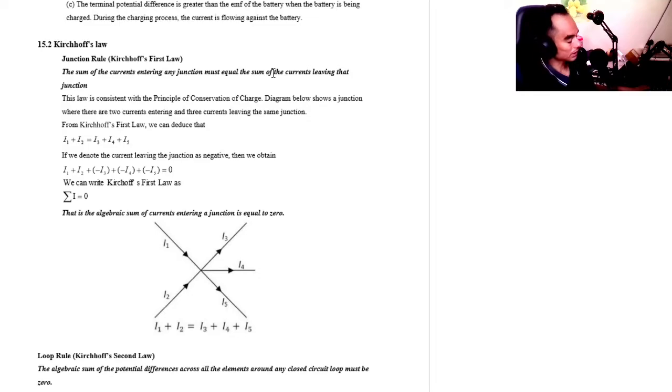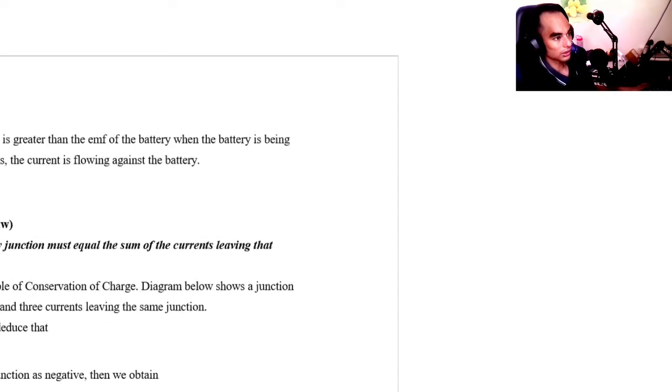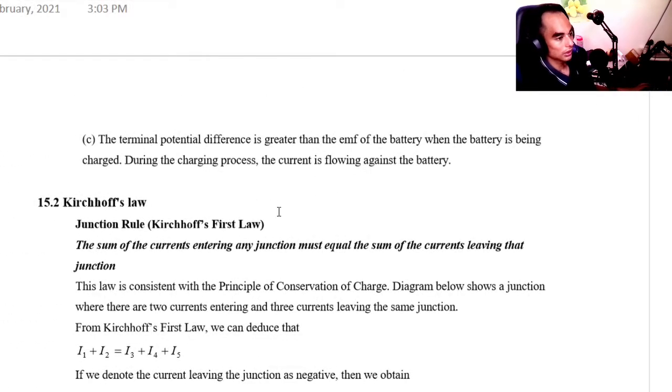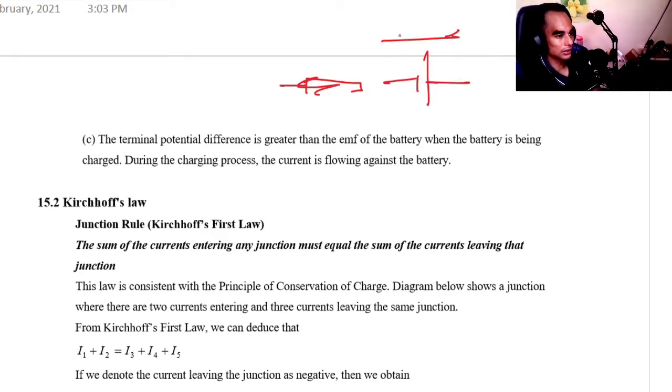The next part is common sense: when the potential difference is greater than the EMF of the battery, the battery is being charged. During the charging process, the current flows against the EMF of the battery. This is where you have a charge.